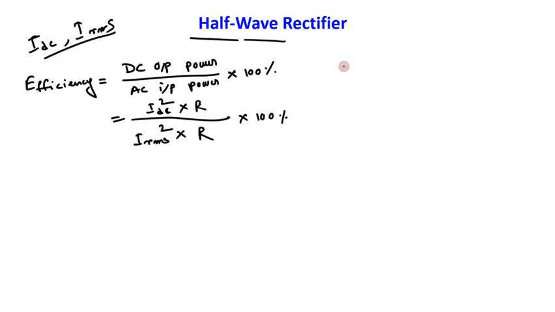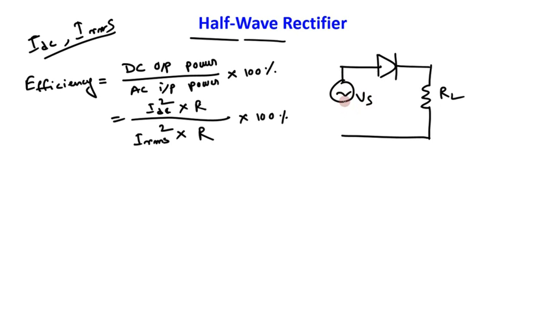You remember? Let me quickly draw the circuit again. This is RL, and here is the supply voltage Vs. As a result, this current I of t was flowing.